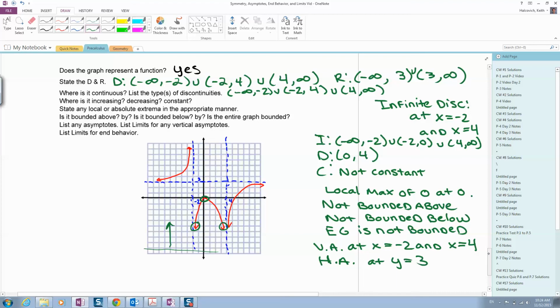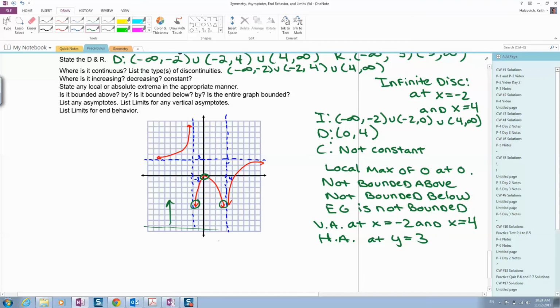Now the limits. Remember, we find limits as they approach each vertical asymptote and the end behavior. So the limits, first for the vertical asymptote, as x approaches -2, and we're going to go from the right.